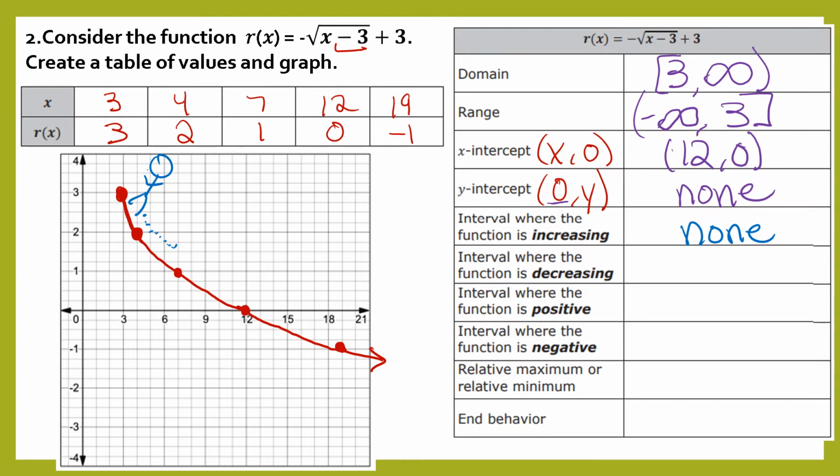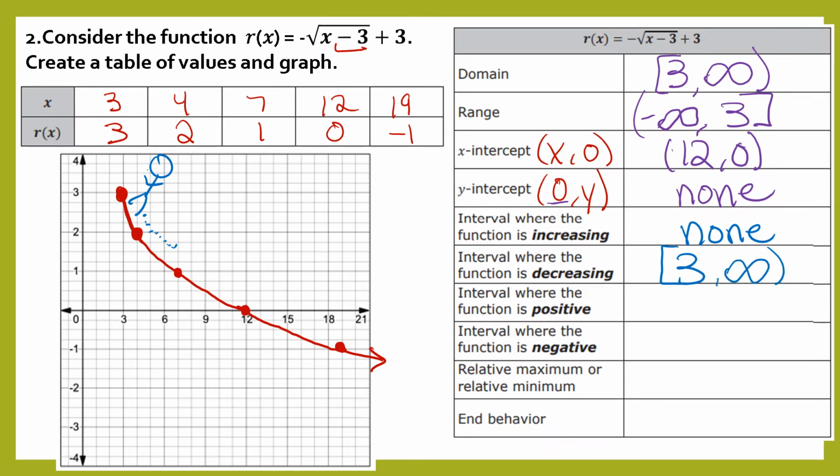So for the decreasing, he's always going down. So we're going to basically use our domain. He starts decreasing right when the graph starts, so when x is 3. And we're going to include that because he starts going down right off the bat. And then he keeps decreasing forever and ever. So our x's are going to positive infinity.